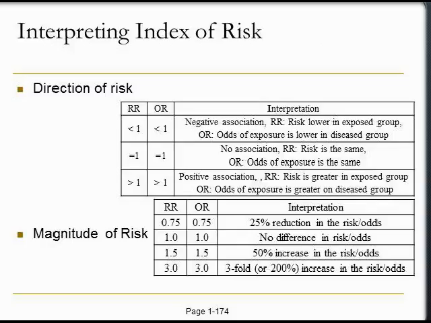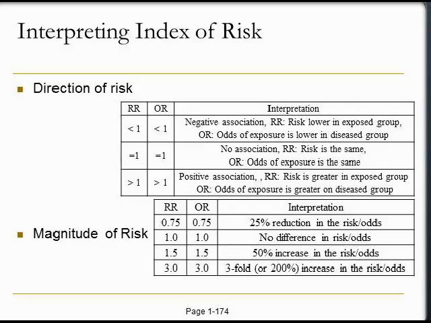So let's focus on interpreting the index of risk, and we'll start here on the top. Either for odds ratio or relative risk, their meaning differs a little bit, but from the concept of where 1 is versus what the value is, the general meaning is the same.